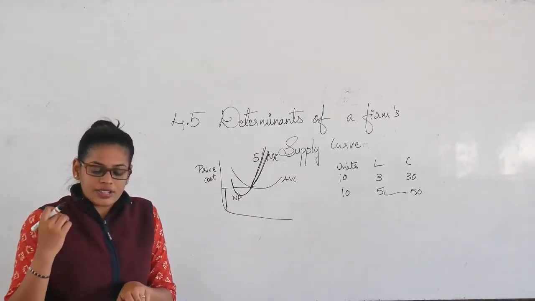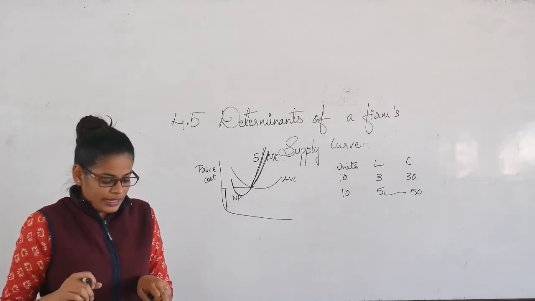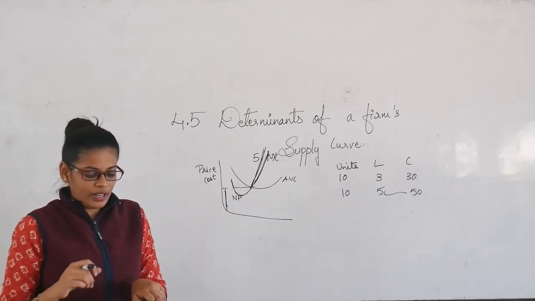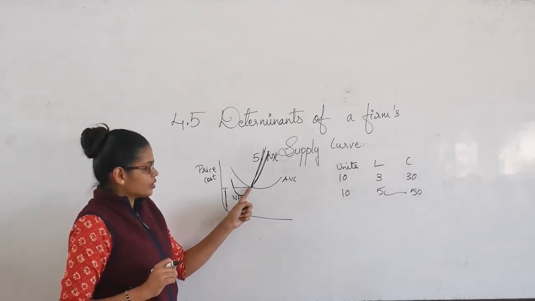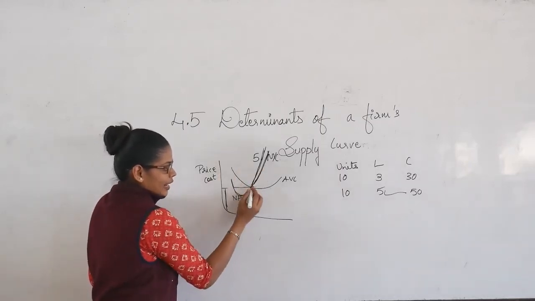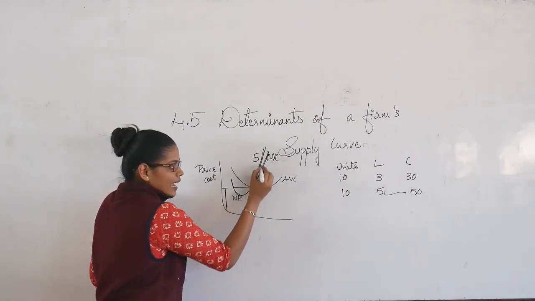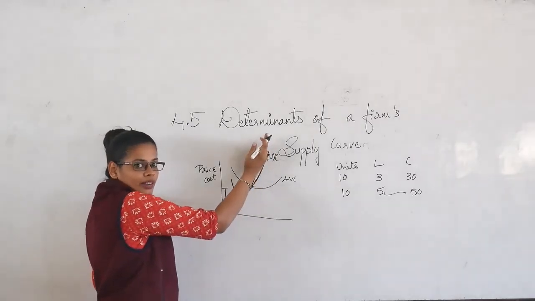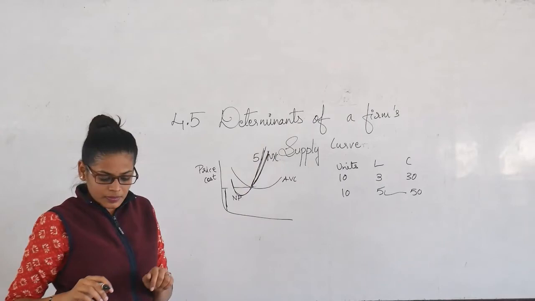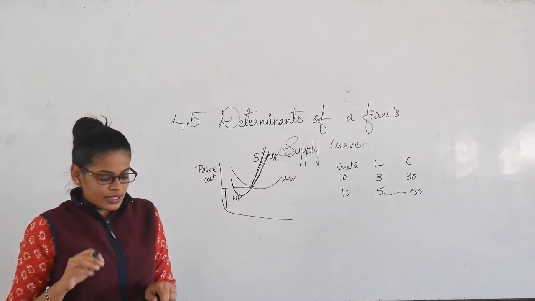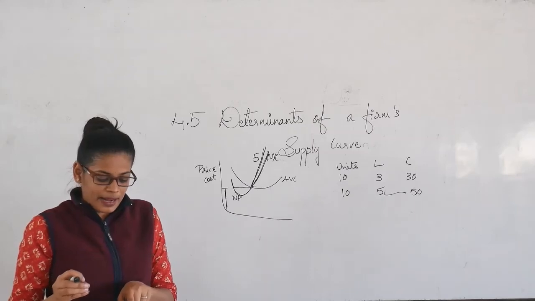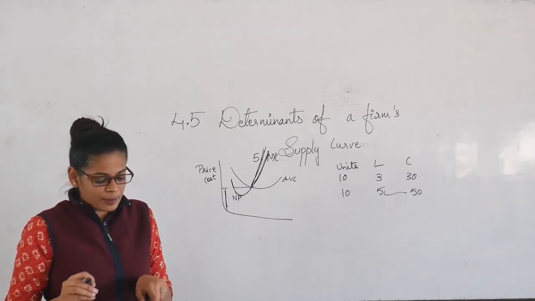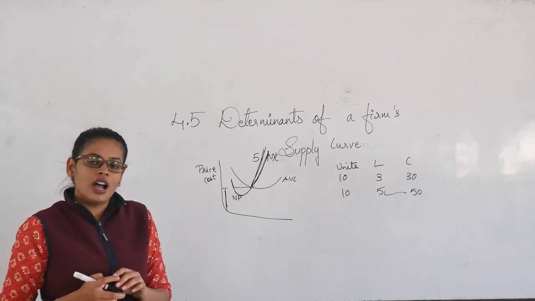So the marginal cost curve at any level of output, that is nothing but the left side or the upward shift of the marginal cost curve. So this is nothing but the left side or the rising side or the upward direction. This means that the firm's supply curve shifts to the left at any given market price. The firm now supplies fewer units of output.